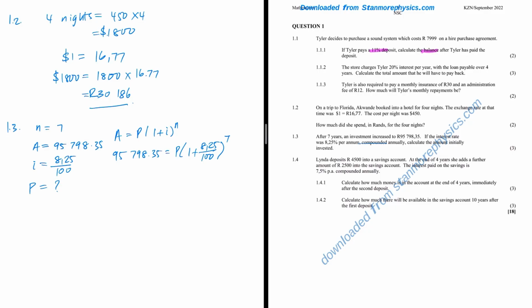Now we can just divide. So we'll say 95798.35 divided by 1 plus 8.25 over 100 to the power of 7, and that's going to equal P. And so we'll get P is equal to 55,000 Rand.